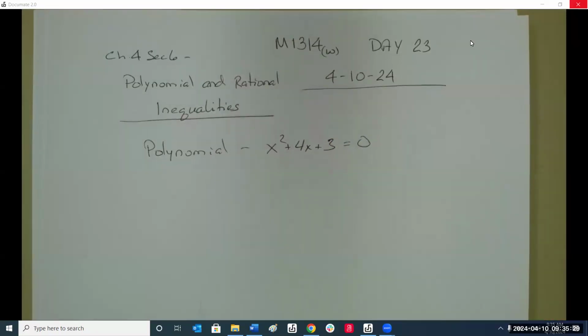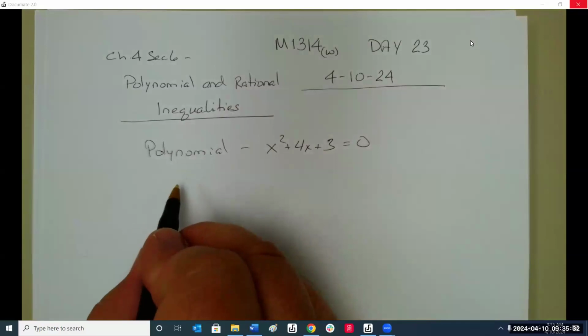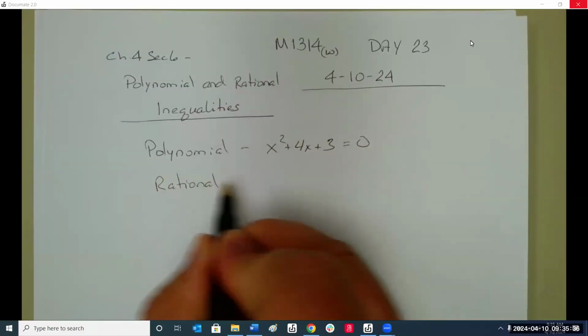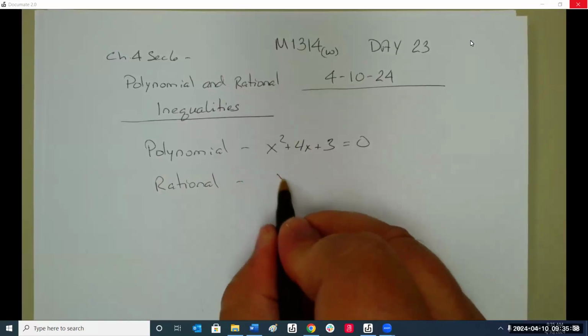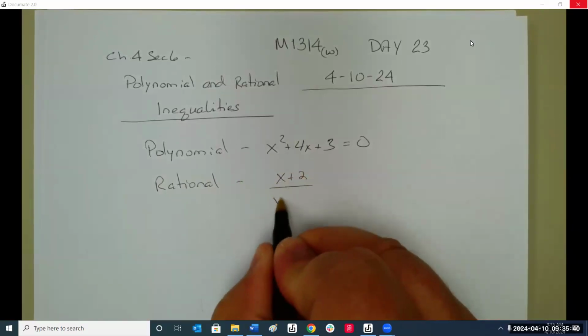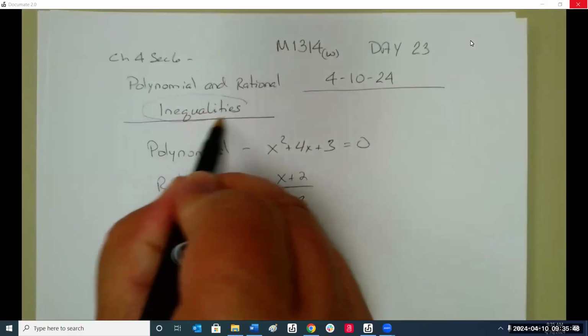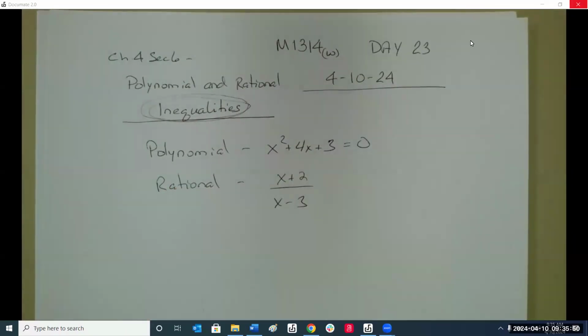That's a polynomial function. A rational function is x plus 2 over x minus 3, a function over a function. But now we're going to look at inequalities.